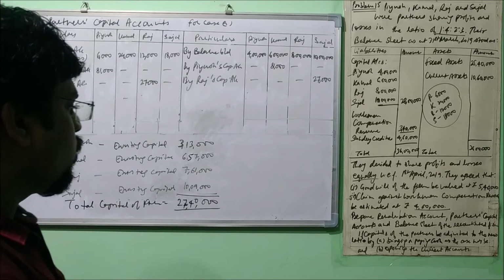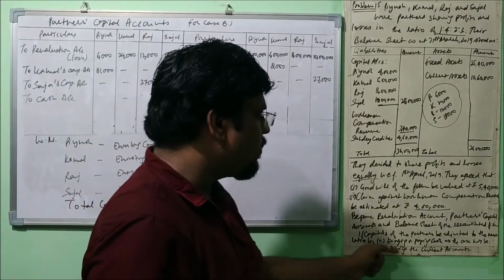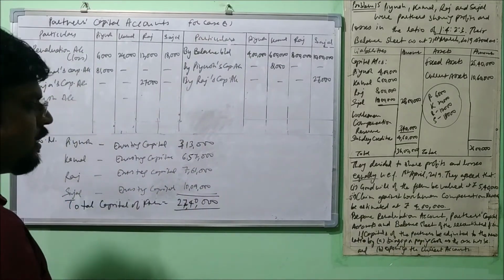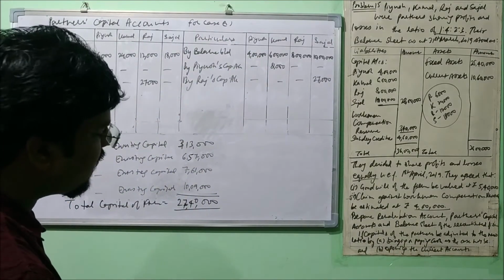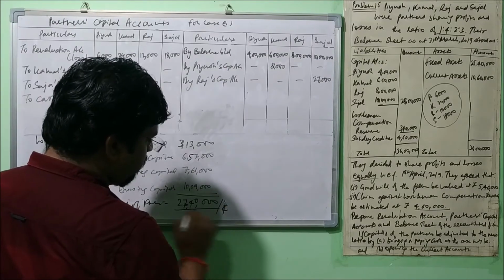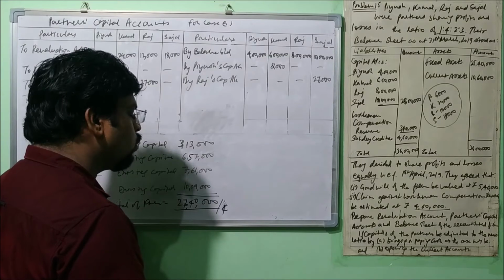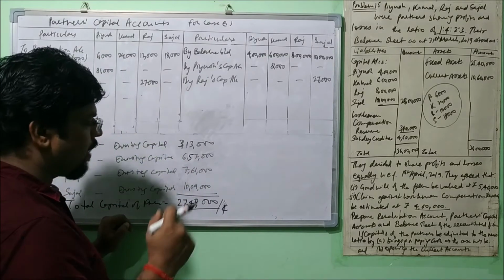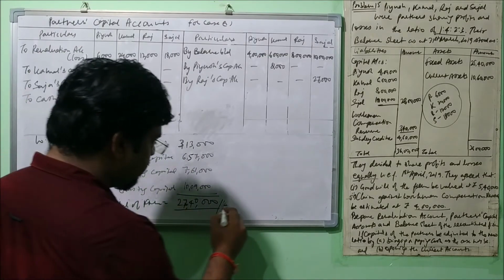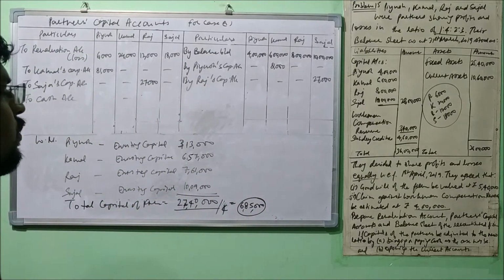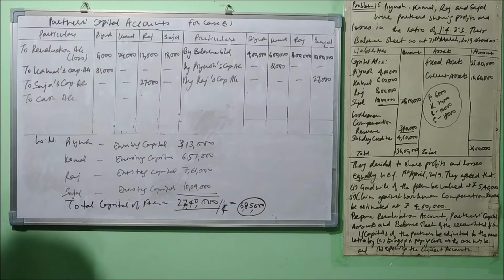Now, the question says that this capital has to be there in the new ratio. And the new ratio for each partner is equal, that is 1 by 4. So we divide it by 4, then we'll get the amount which is supposed to be kept by all the partners in their capital. That is 6,85,000. So every partner is supposed to keep his capital at 6,85,000.